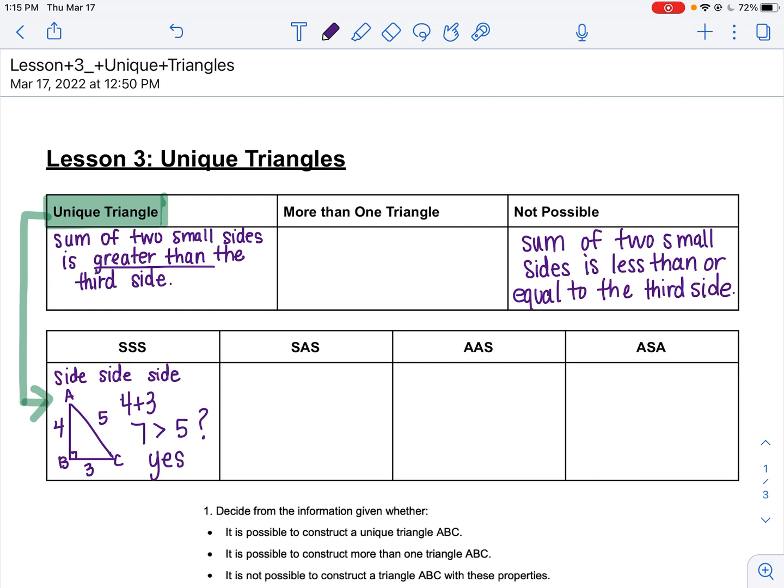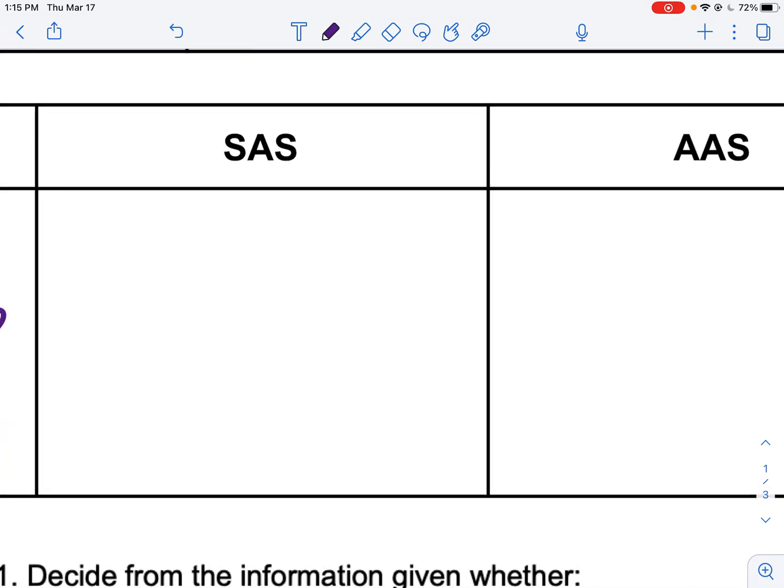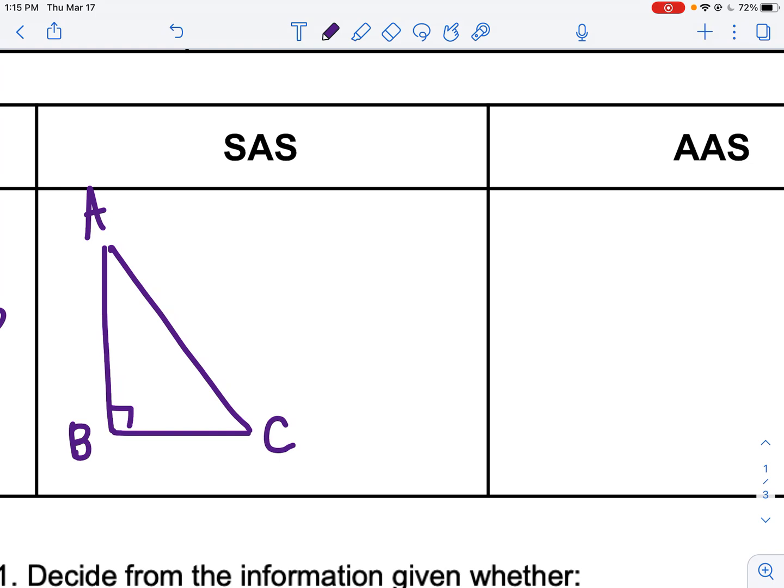Moving on. We're going to keep going with these side measurements. So if side, side, side is not possible, it could be that the triangle is given to you so that it again looks like a right triangle. Draw that in. Put your letters on. Remember, this part will be given to you in the picture. Maybe they gave you a side measurement, a right angle measurement, and a side measurement.